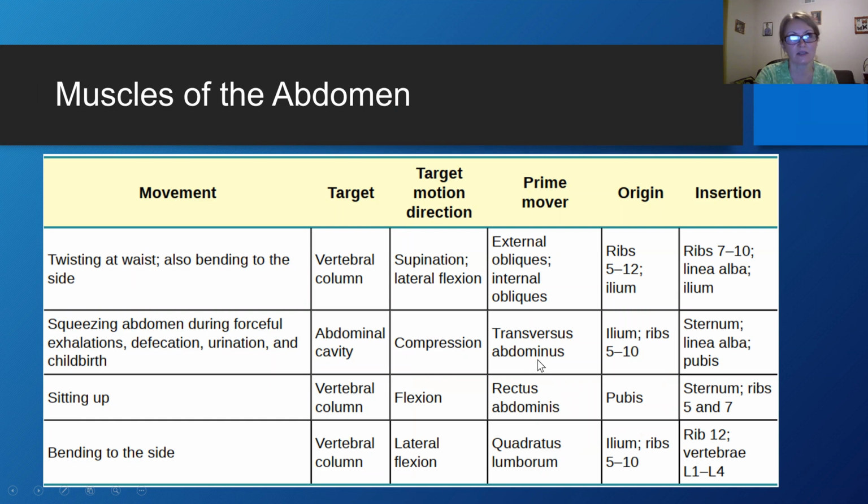So this is a very deep muscle, and it doesn't really affect your vertebral column that much, because you either rotate your vertebral column, flex, extend, or hyperextend. This one is mostly for functions such as defecation, urination, exhalation.